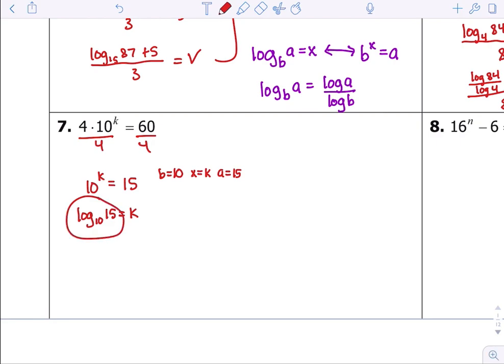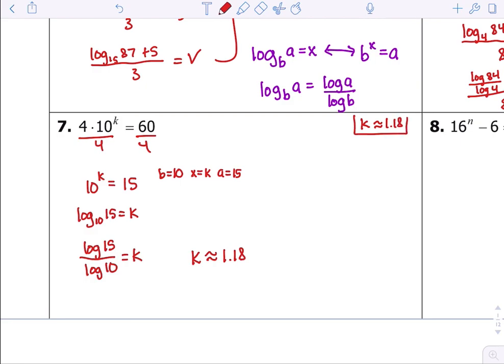Change of base formula there, so log of 15 over log of 10 is equal to k. So log 15 divided by log 10, and k is roughly going to be 1.18.